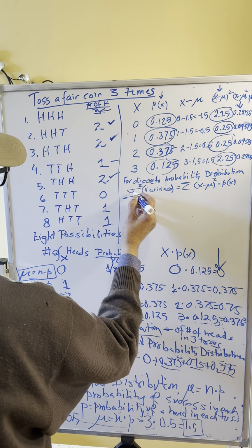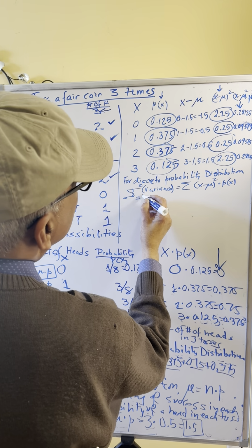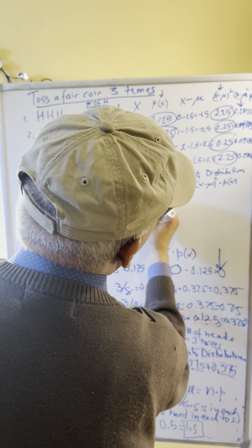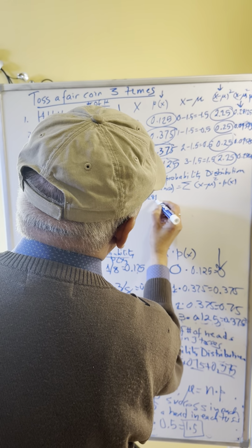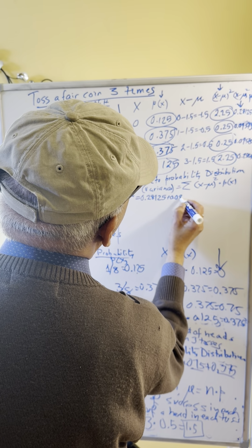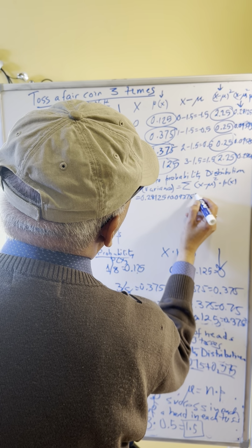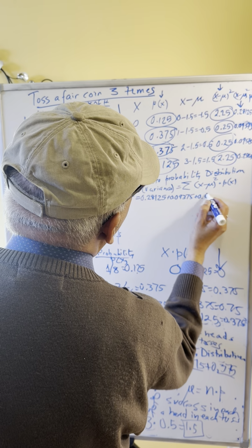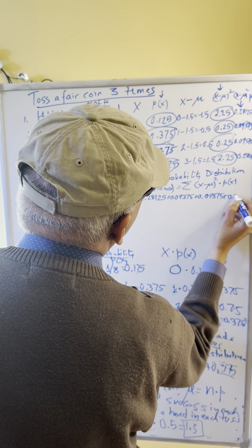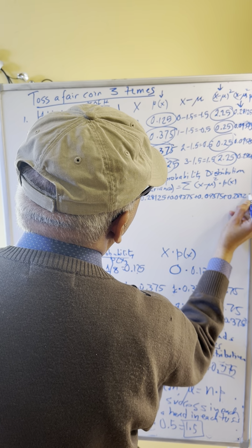So sigma square will be equal to 0.28125 plus 0.09375 plus 0.09375 plus 0.28125.